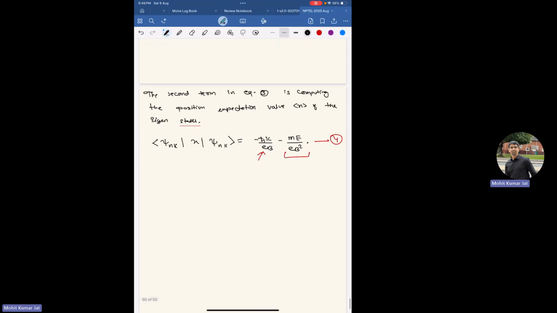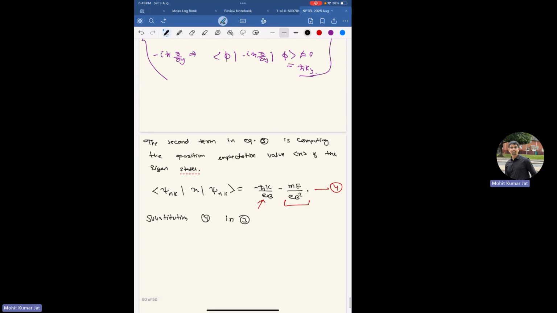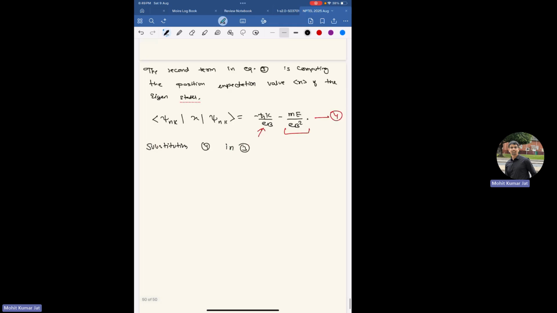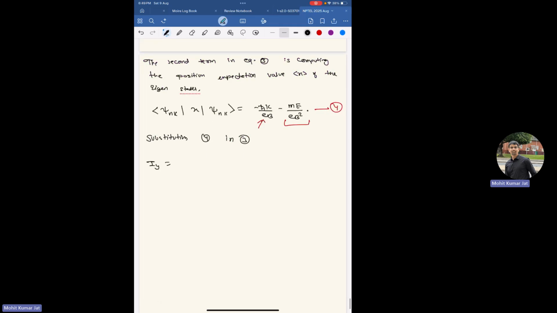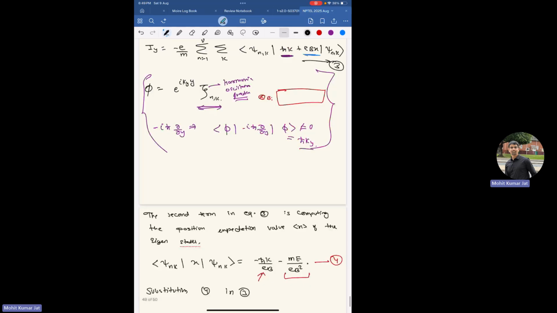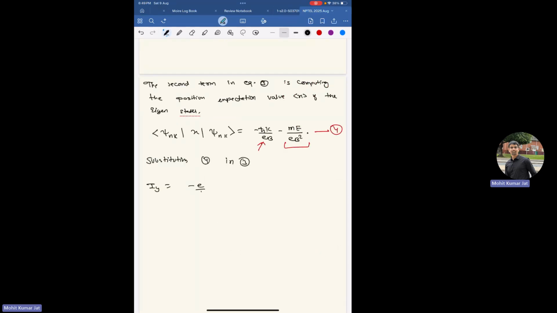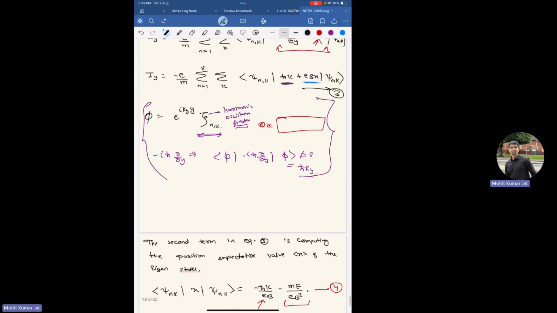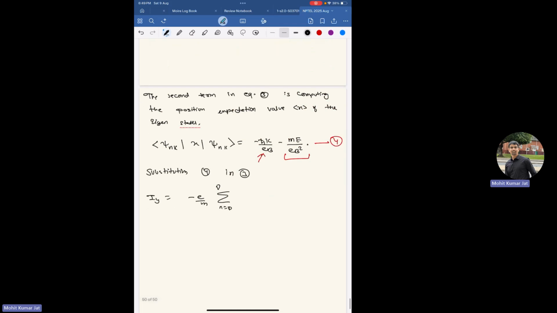So substituting 4 in 3 gives you Iy equals sum over all, minus e by m, sum over n equals 1 to nu, and then sum over all the k.